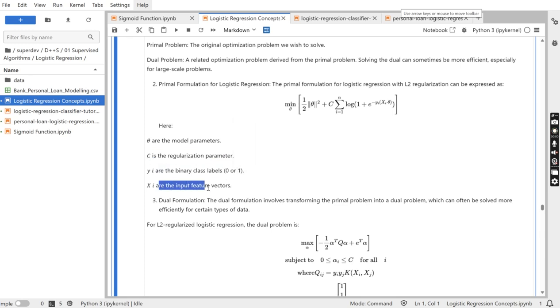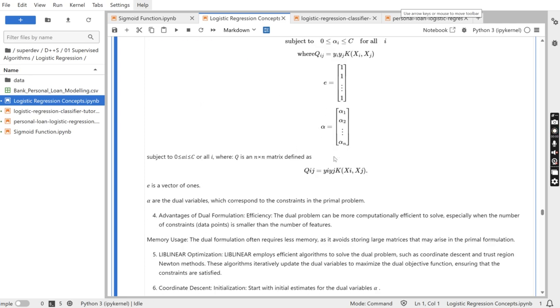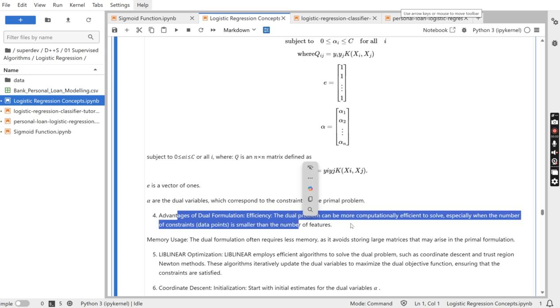You have the Y label also, and the X input feature vectors. What liblinear does is modify this and keep the rest of the things constant, then keep this constant and modify this, then keep this constant and modify this. This way it alters one by one. It keeps one fixed and modifies the other, and thereby sees how much difference can be arrived at. This way it calculates.